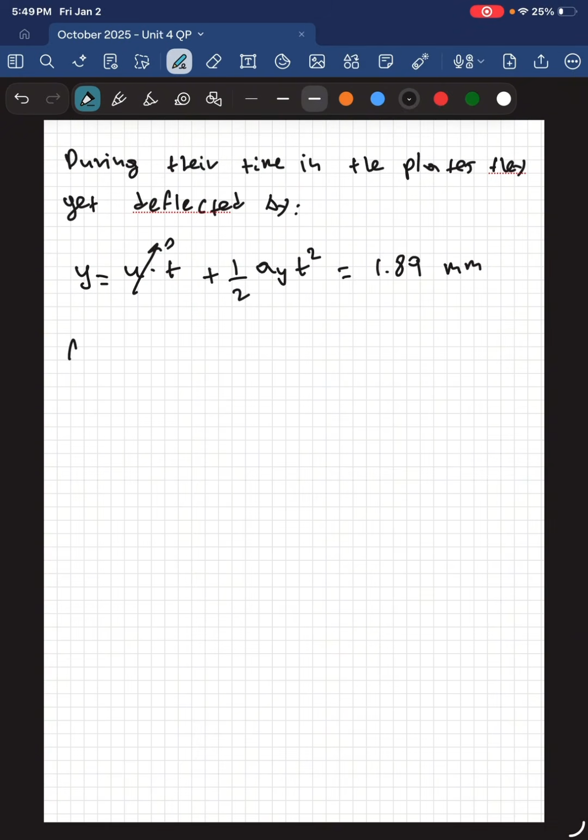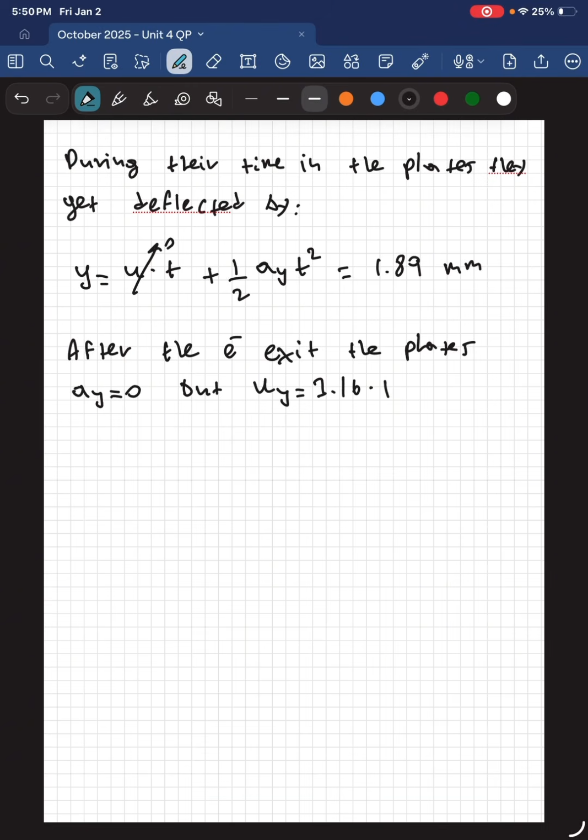If it doesn't, ask me in the comments and I will respond. After the electrons exit the plates, ay is now 0, but they have some initial velocity. Let's call it uy, which is 3.16 times 10 to the 6 meters per second.